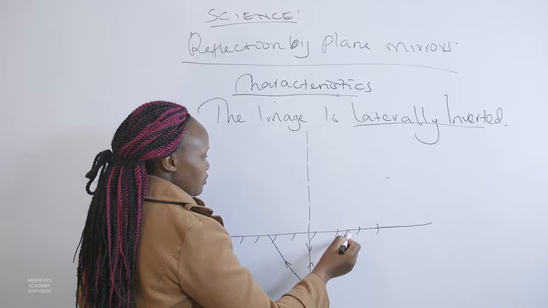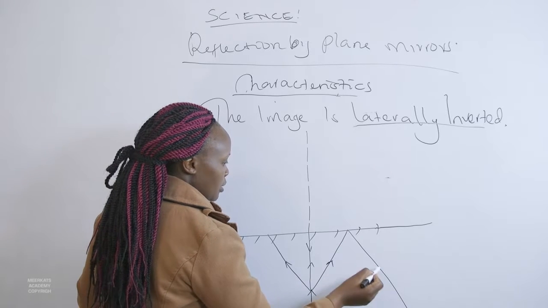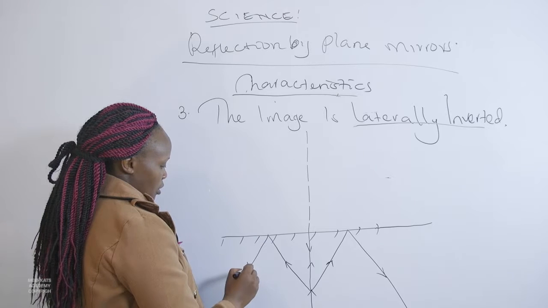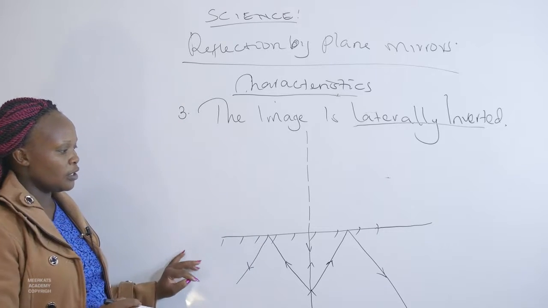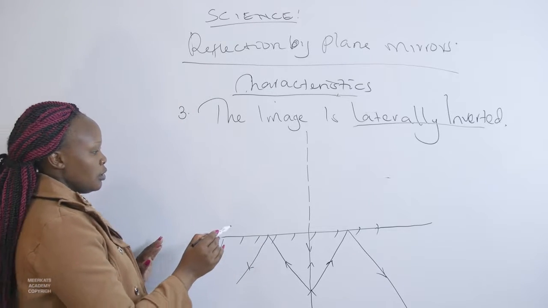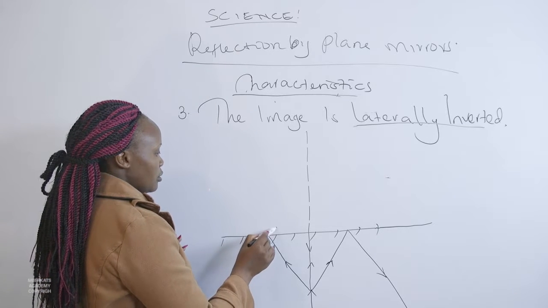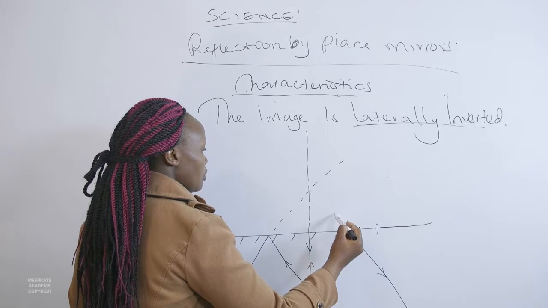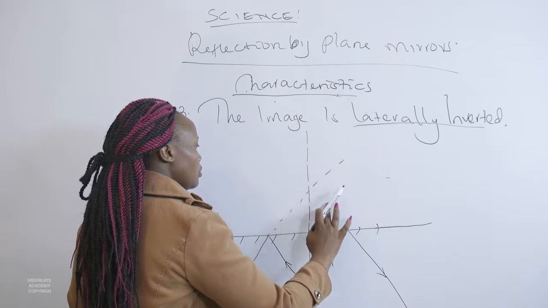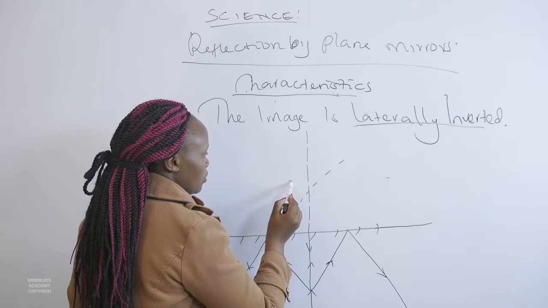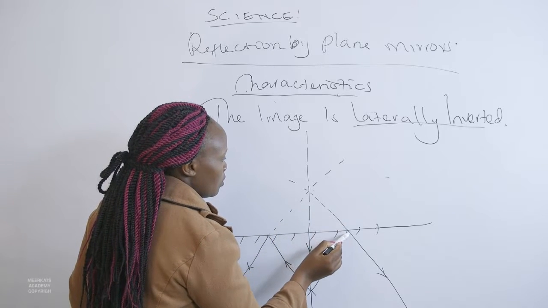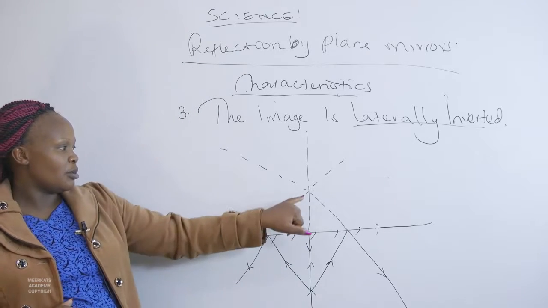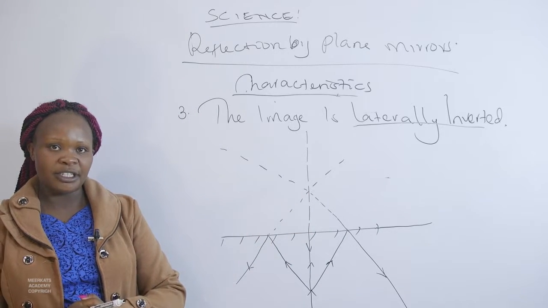These ones are reflected in that direction so that we take care of the law of reflection, and we extend them so that now we have the top of our object at some point there.